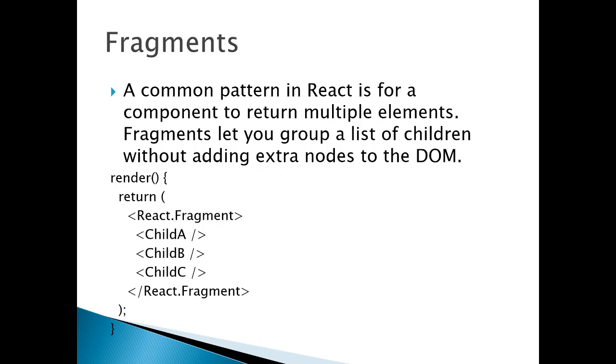If you want to call three or four different components within your return, or your view, you can write those inside a React.Fragment. By doing this, it will not add any extra node into your DOM. It will just group up these three components.